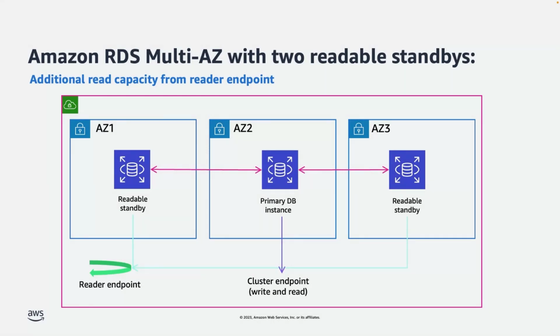Whenever your application connects to the reader endpoint and it serves the read traffic, behind the scenes, RDS distributes the load between both the reader instances in a round-robin fashion, so it can scale your reads between both the reader instances.